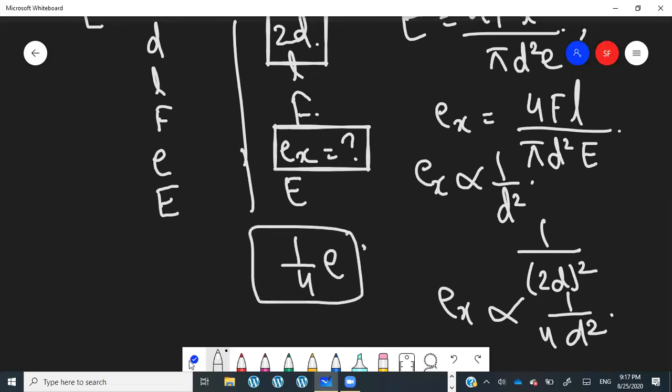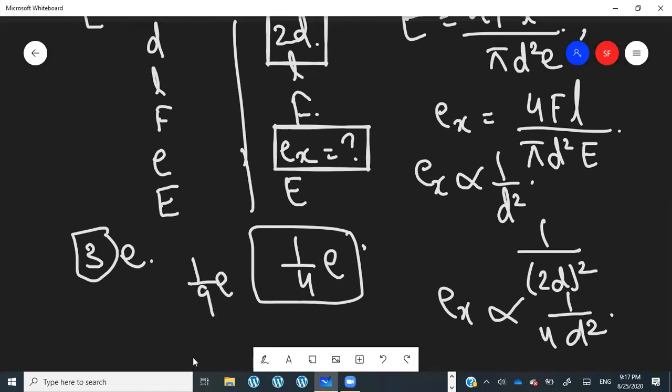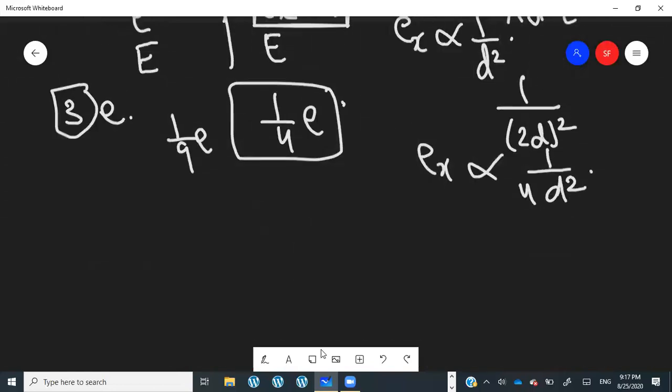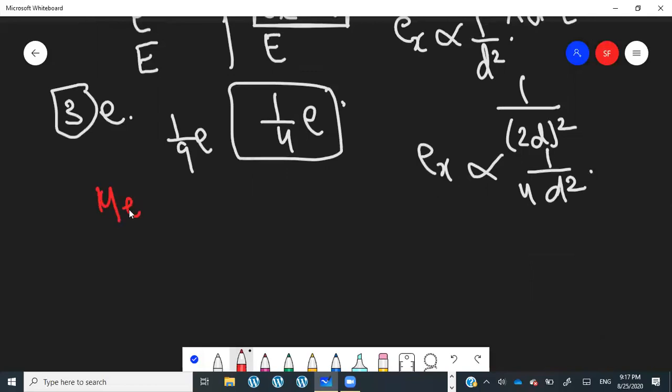So since the d squared got multiplied by 4, the extension is going to become 1 upon 4 of the original extension. Right. If this would have, let's say, increased by 3 times, then what would the extension have become? It would have become 1 upon 9 times. Okay. Inverse square relationship. What if this was a 4 times increase? What would the new extension be? If the diameter had increased by 4 times, it'll decrease by 4 times?